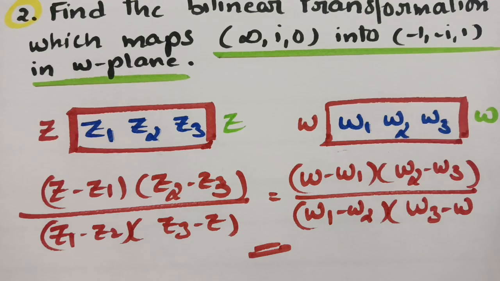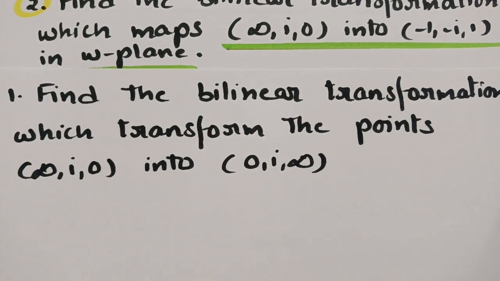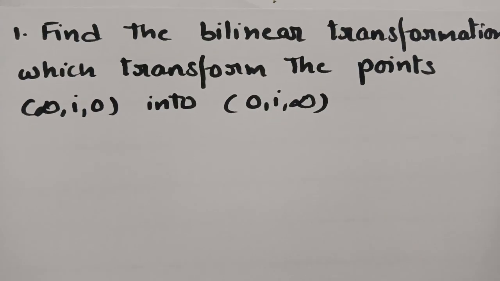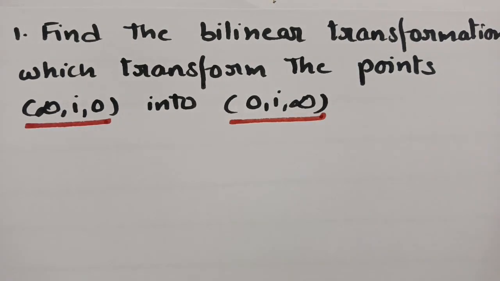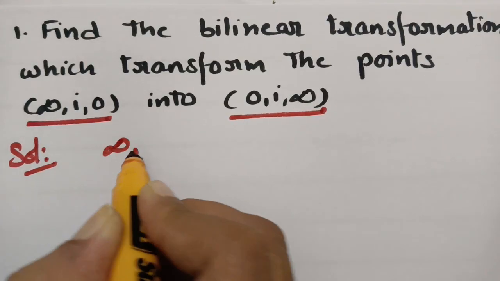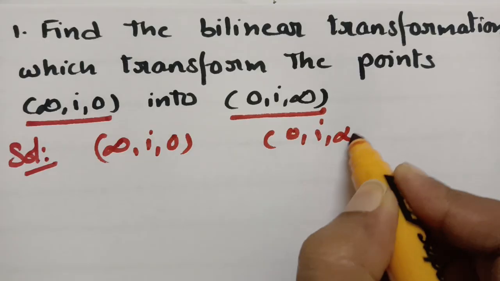And next we are going to start the first problem, that is, we have to find the bilinear transformation which transforms the points. So these are the points, that is infinity, i, 0 and 0, i, infinity. So here first of all, these are the z points and these are the w points which you have to consider. See first, this is infinity, i, 0 and this is 0, i, infinity.